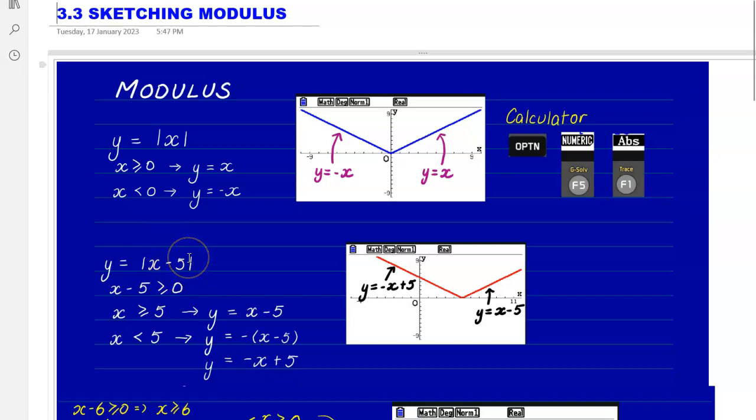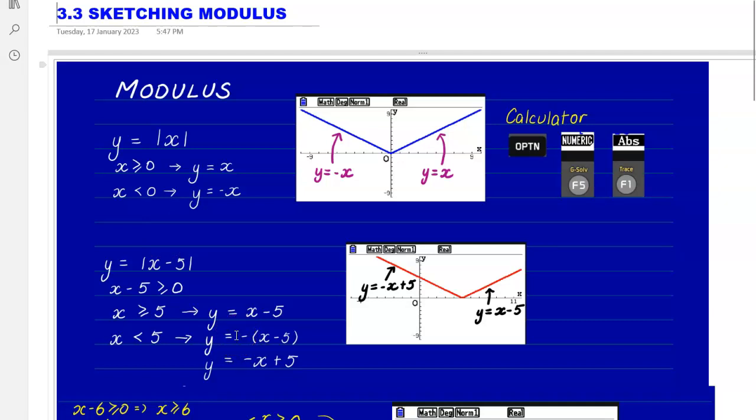When does this modulus become redundant or not used? If x was greater than or equal to 5. Because for 6, 7, 8, you're going to get the same answer whether the modulus is there or not. Agreed? But when it is less than 5, that's when it's going to be the minus of what is in our modulus.